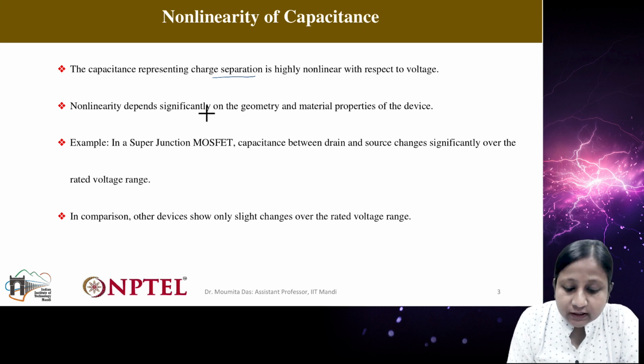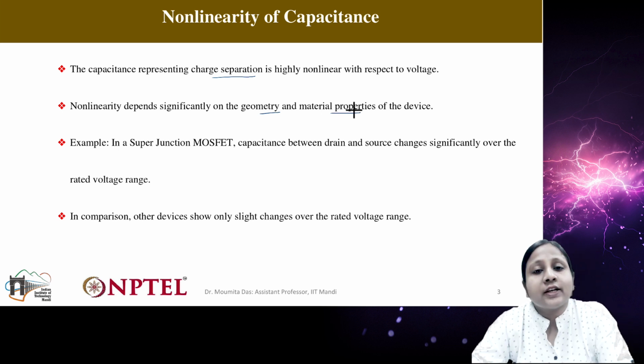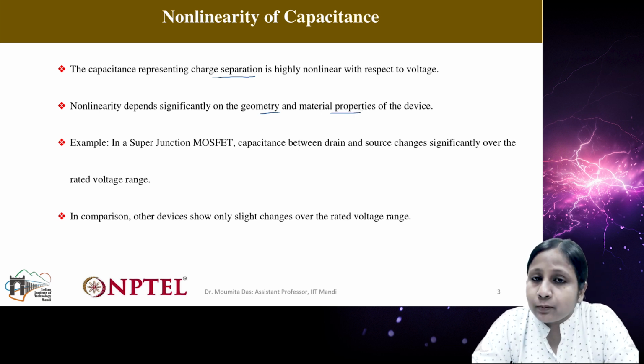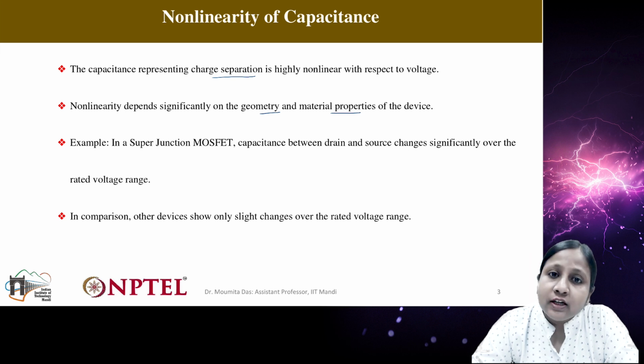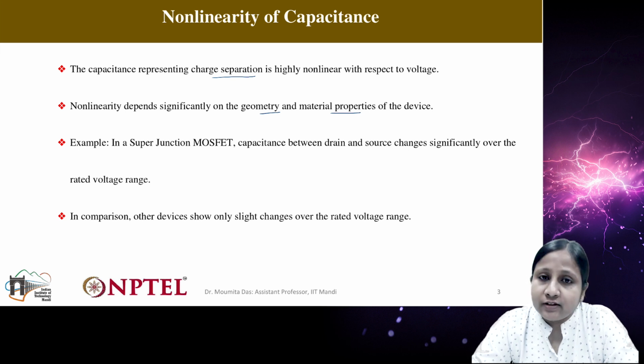This non-linearity significantly depends on geometry and material properties. If we are considering a silicon device, the material property will be different from that of a silicon carbide or gallium nitride device.